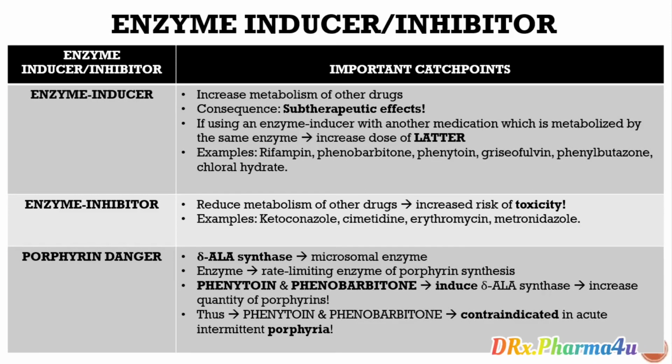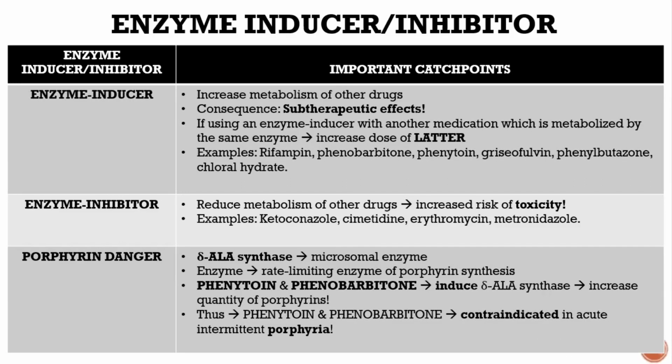The last condition is very, very significant and it is very interesting also. It is known as porphyrin danger. So if you have studied in biochemistry, you may know what porphyria is. It is a very dangerous disorder. So there is an enzyme called delta ALA synthase. Delta ALA synthase.